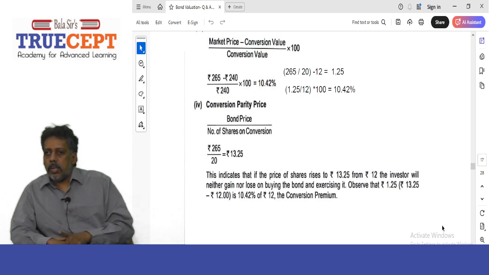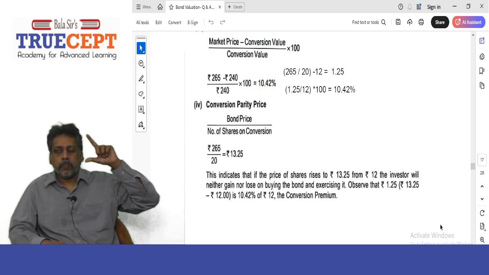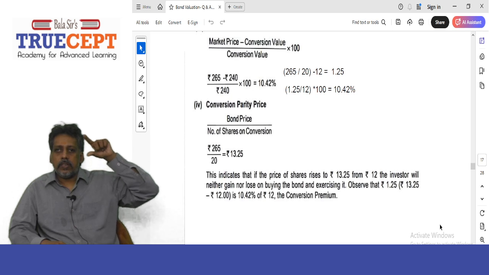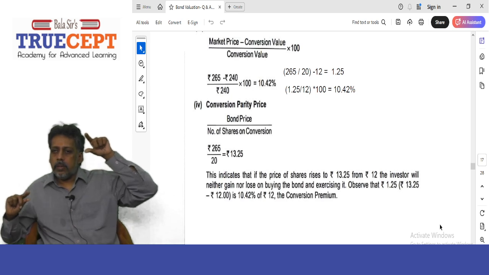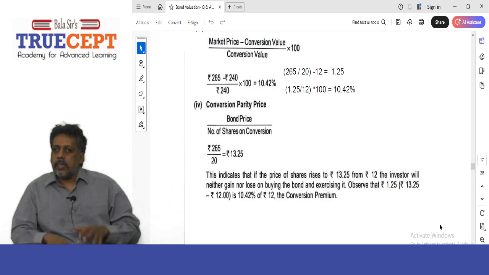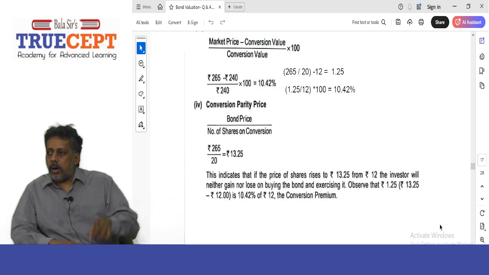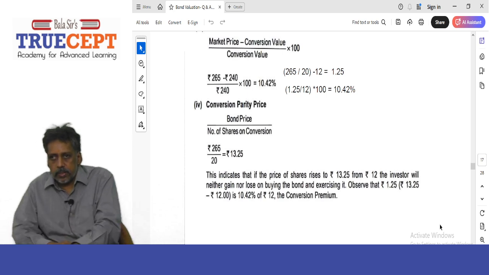Now, why is it called the conversion parity price? The market conversion price is 13.25. The shares are trading at 12. Suppose the share price goes up to 13.25 in the market. It doesn't matter whether you buy the share at 13.25 or buy the bond and turn them into shares. Is that clear? Yes, sir.